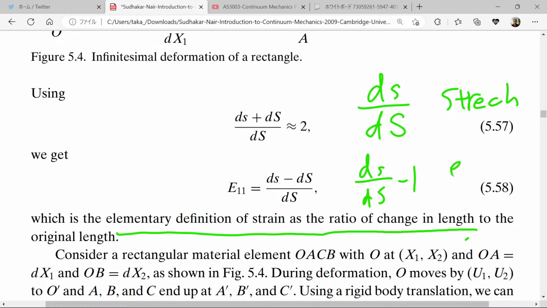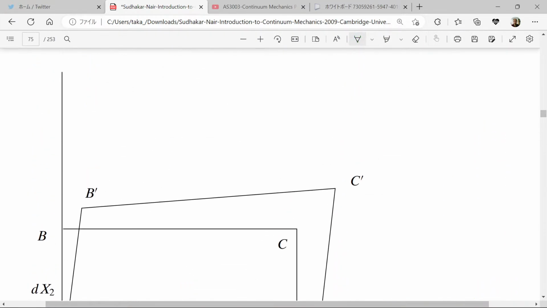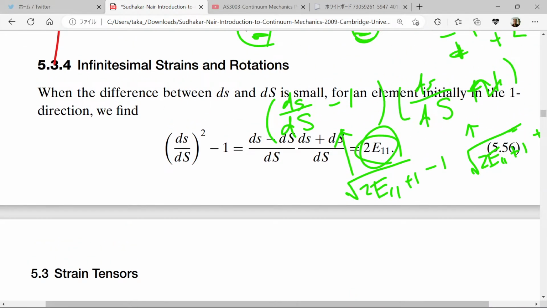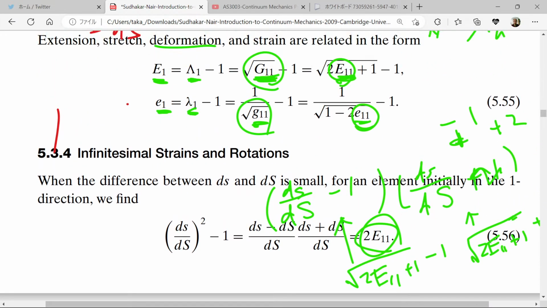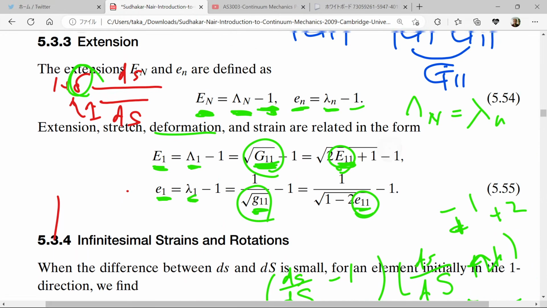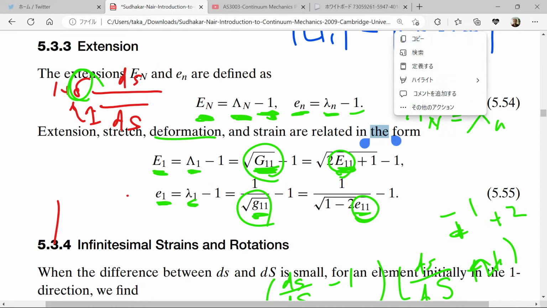This is extension. I get confused. So I think this is extension.